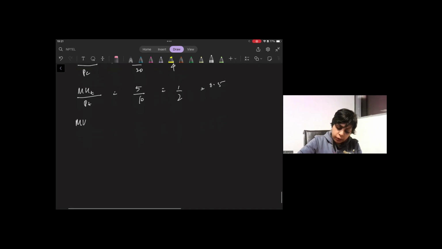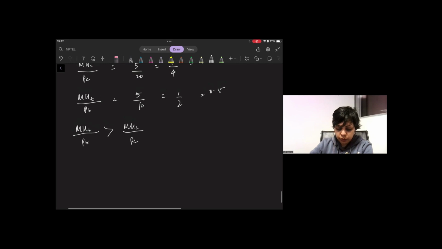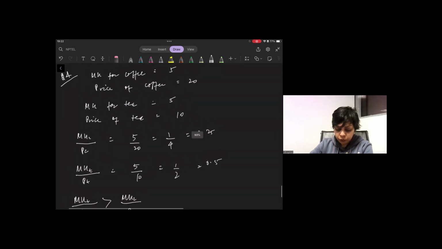This is kind of what you'll see happening in life. I think Professor Vimal has explained it mathematically in the lectures. It's good if you review that. But even if you don't get into the maths, that's why I took this example of tea and coffee.